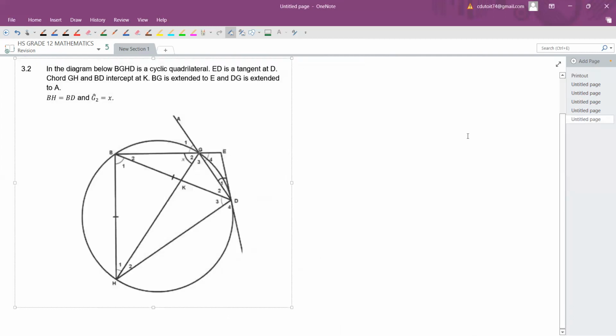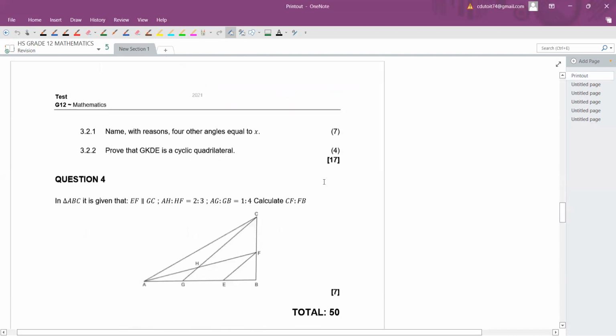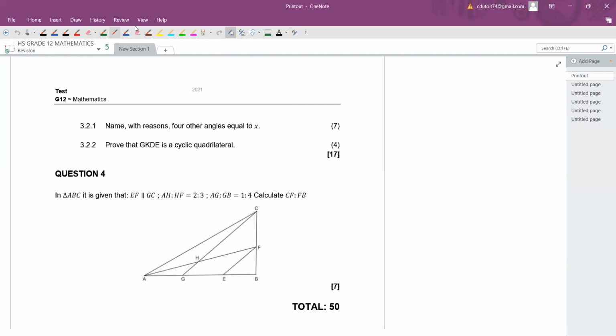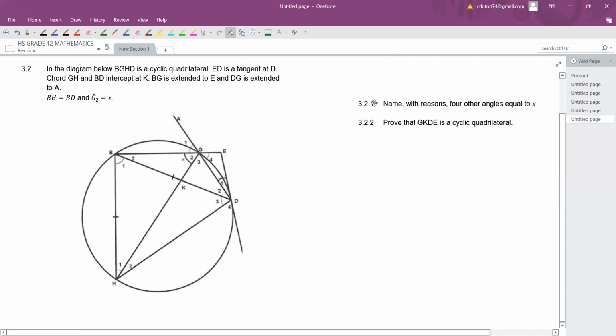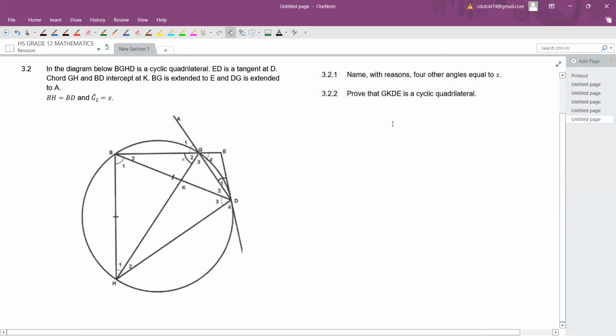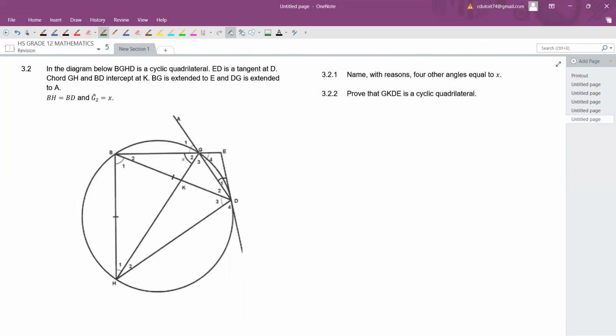Okay, I'll give you a minute now to copy this. I just want to paste that on a different page. We can't work like this. 7 marks. Name the reasons for 4 other angles equaling x. Okay, so now if you look at this, do you want to make this drawing or just look at the one that I'm doing? I'll just look.